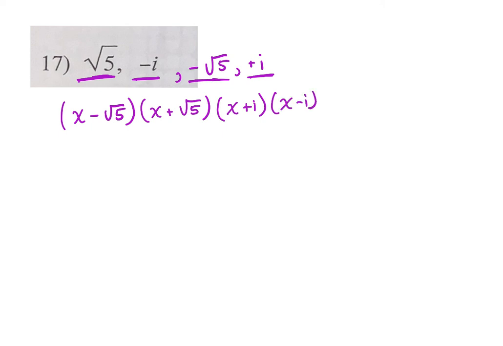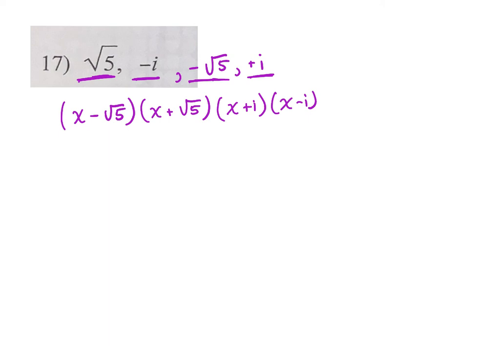So I always group them like this when I FOIL, because anytime you have them pair up like this, it's a special case. It's an (a plus b)(a minus b), which means when you FOIL, your middle term is going to go away, and you just have to square the first guy and square the last guy. It's a special case, just like when we factored x squared minus 16 and said (x plus 4)(x minus 4). It's going to be one of those cases.